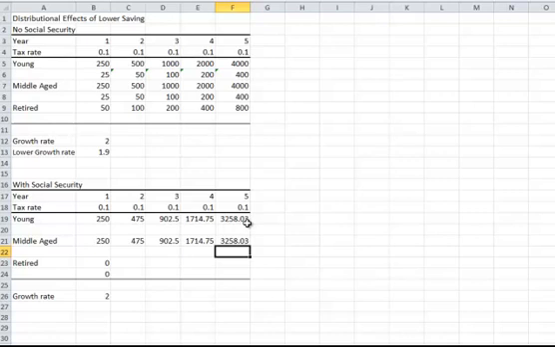So the economy, so people are poor. The young person is poor. The middle-aged person is poor. Let's see what happens to our retired person. So in this case, we take 10% in each case, times 0.1. It's 25.